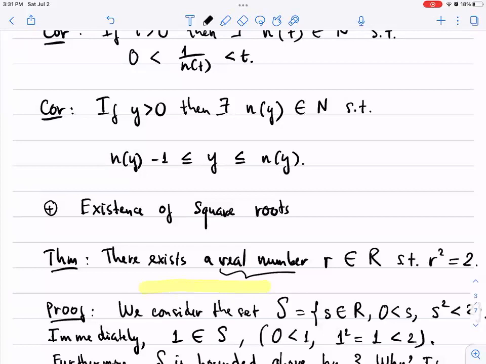So this statement says that for any real number y, you can find consecutive natural numbers such that y is sandwiched between them.